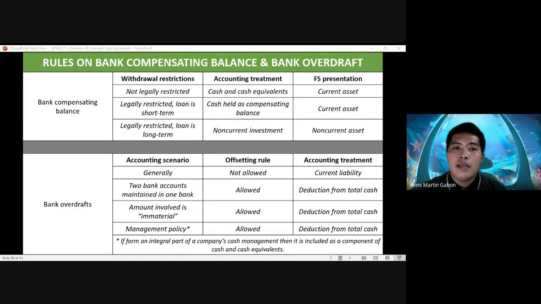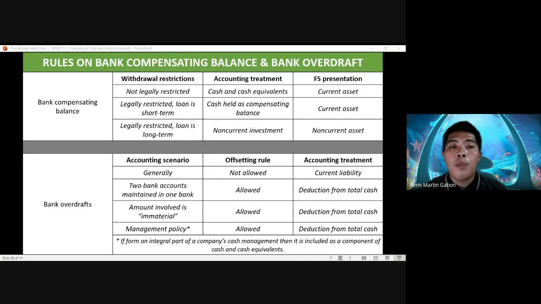And last, management policy based on Philippine Interpretations Committee in connection with PAS 7. Ang sabi dyan, if it forms an integral part of the company's cash management, then it is included as a component of cash and cash equivalents.